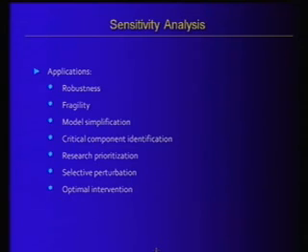Okay? Fragility is extremely important, because if you identify one or two or three parameters for which very small changes produce large variations in the output of interest, then that means that the system is very fragile to these parameters. And biological systems also are very fragile to certain parameters and certain conditions.